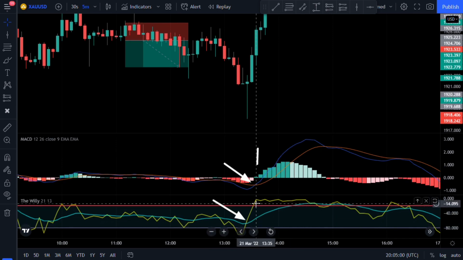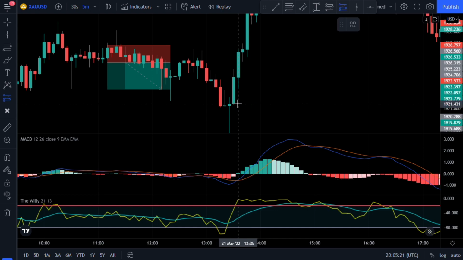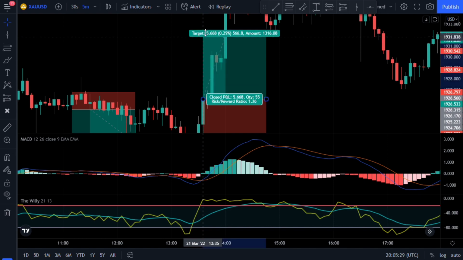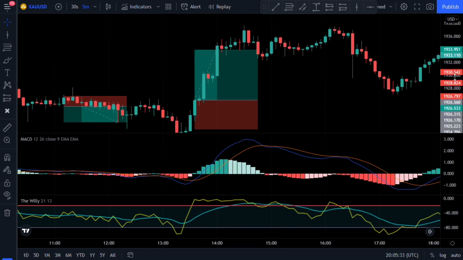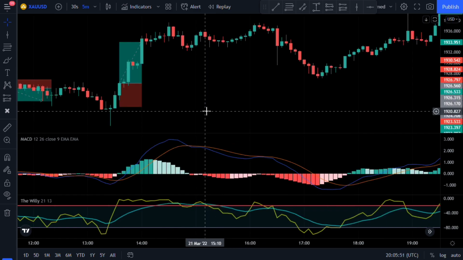Here both the MACD and Williams indicators issued a buy signal. Let's test some samples with these two indicators, then add the next indicator to the chart. We will test with the next indicator.